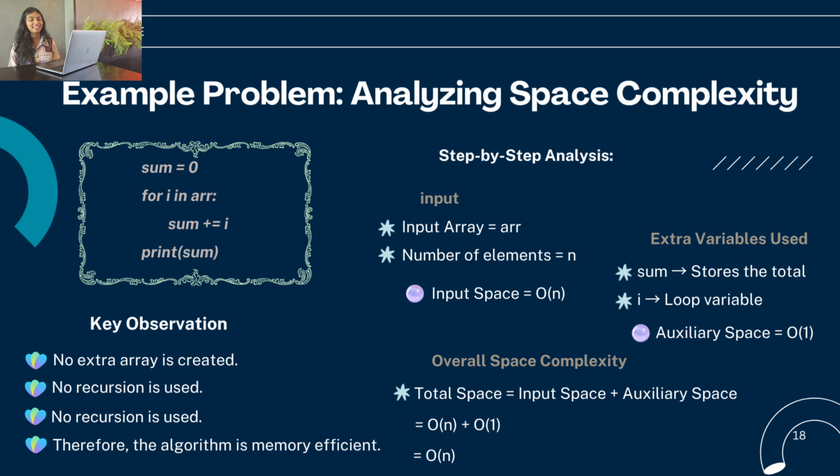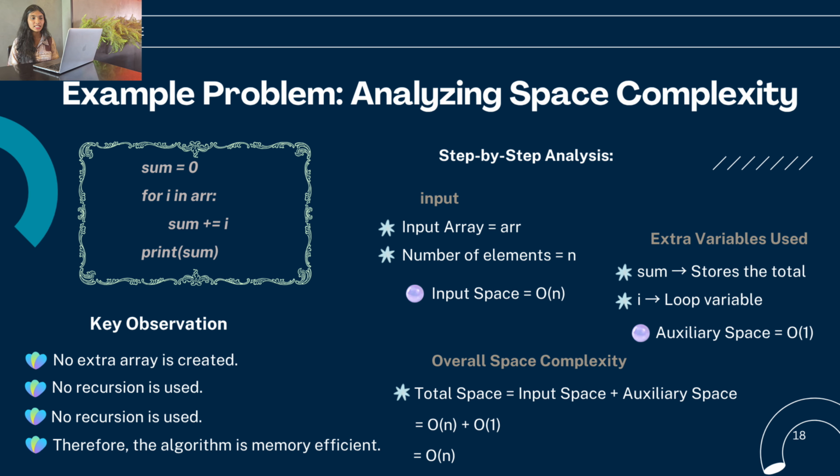Now let's analyze this example. The algorithm calculates the sum of all elements in an array. The array itself contains n elements, so the input space is O(n). Apart from the input array, only one variable called sum is used.